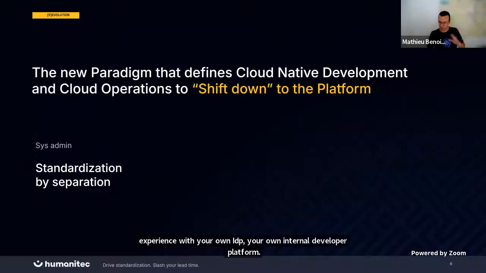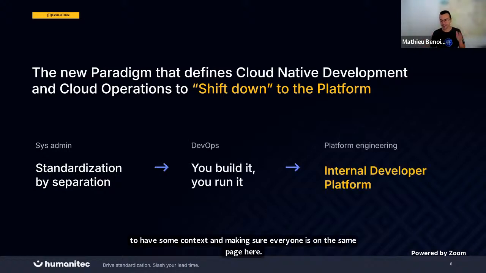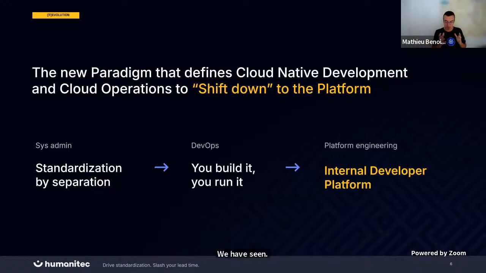So just to have some context and making sure everyone is on the same page here, we have seen platform engineering as an evolution of DevOps, most recently, right? DevOps, 2009 maybe, was an answer to the sysadmin world back in the day, where we got a lot of silos. If I was a developer, I was dropping my package to deploy an application, database, or whatever, and the sysadmin was responsible to deploy this thing.